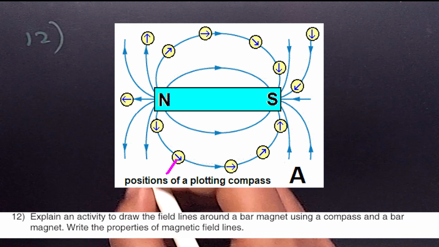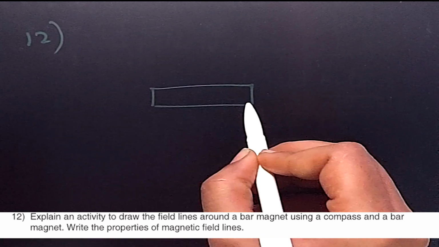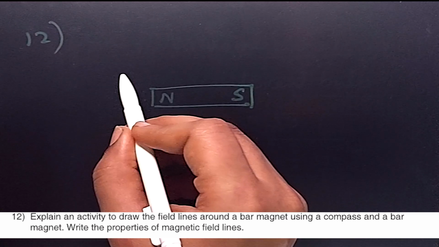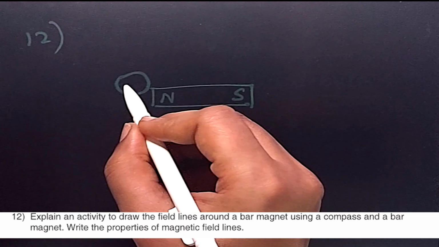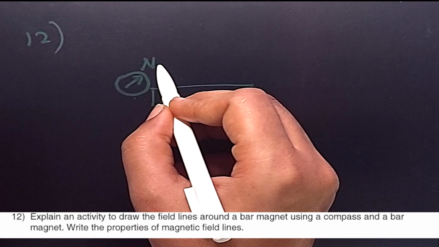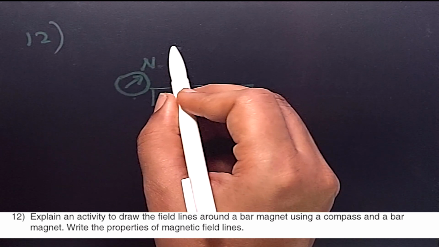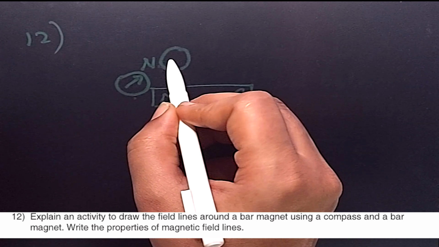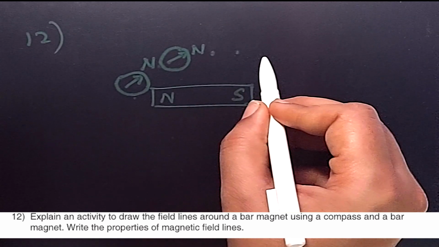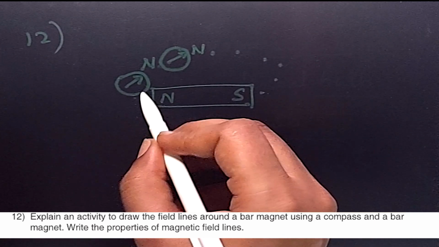And the procedure is, when you place a bar magnet, mark its pole and keep a compass needle where the pointer shows the north pole, and from the next point again place the same bar magnet and point the direction, and go on joining these points for many trials.